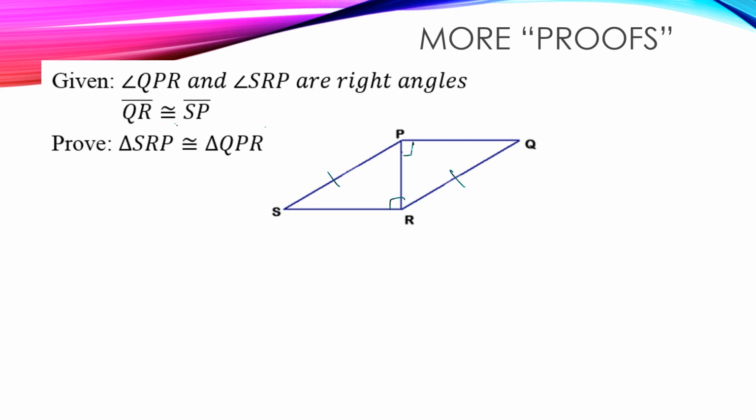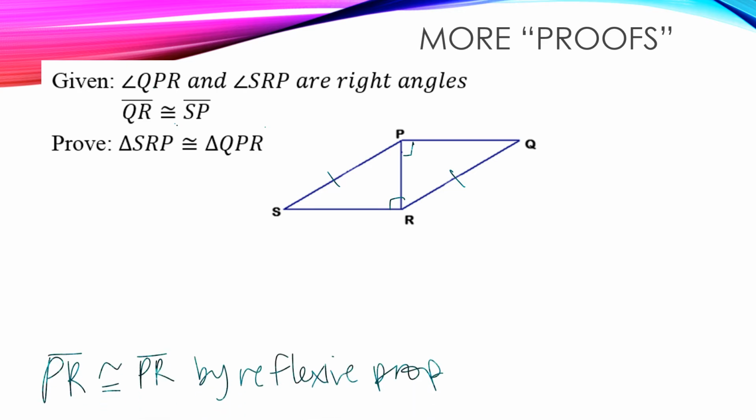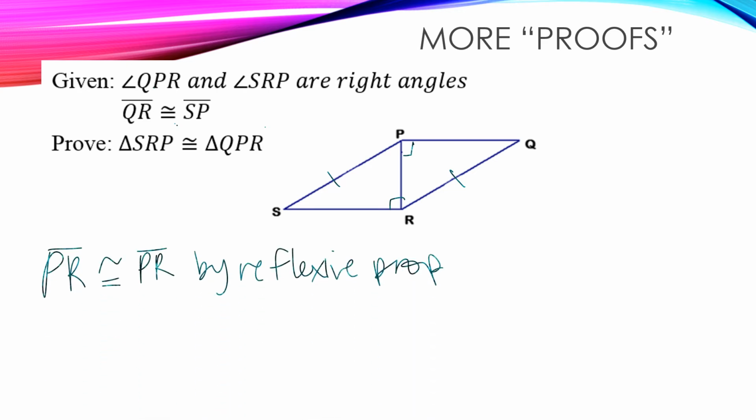So you can use what we've learned so far in this chapter. You can use the hypotenuse leg theorem, but I need to utilize that line segment PR. I know that PR is congruent to itself by the reflexive property, so I can mark that as congruent.